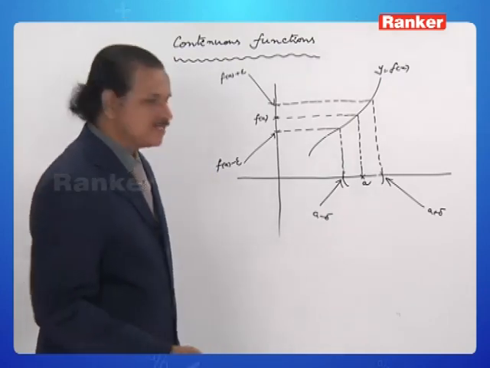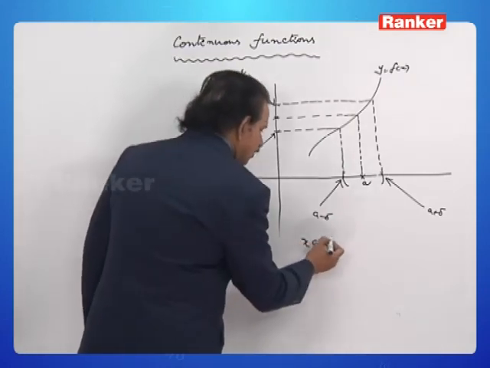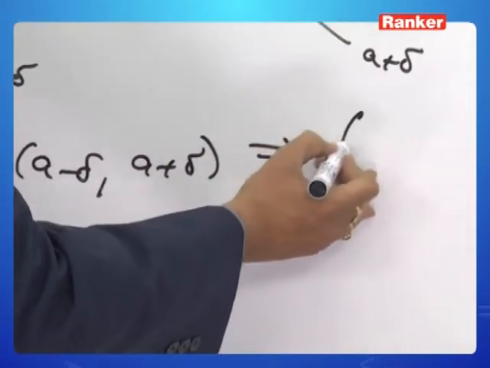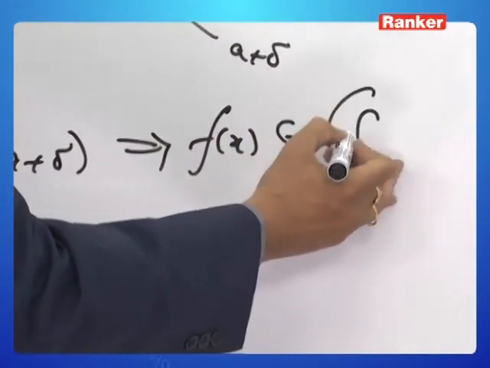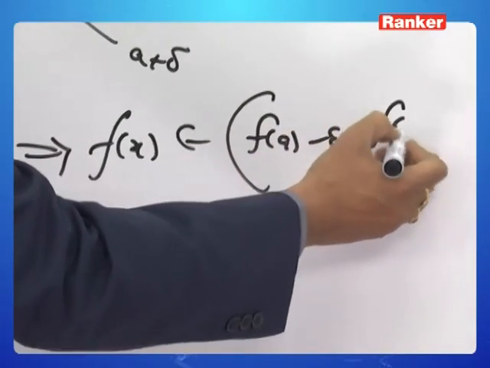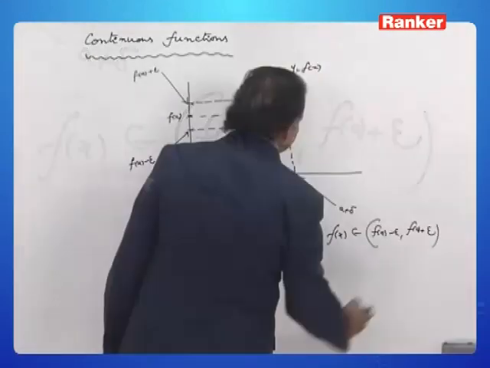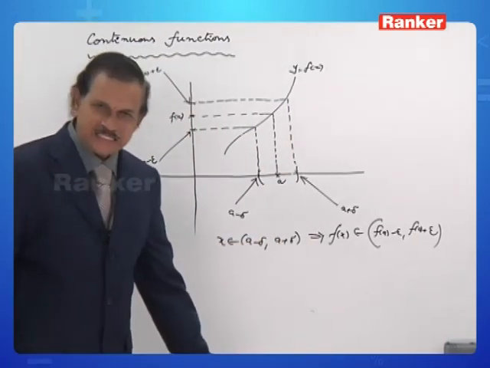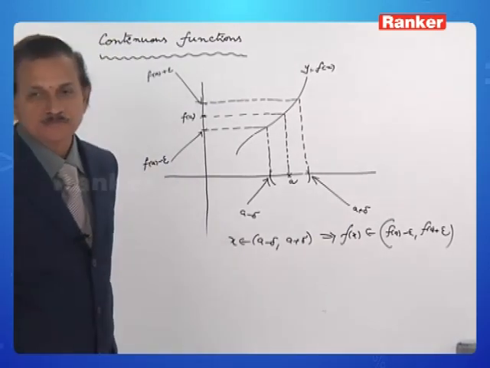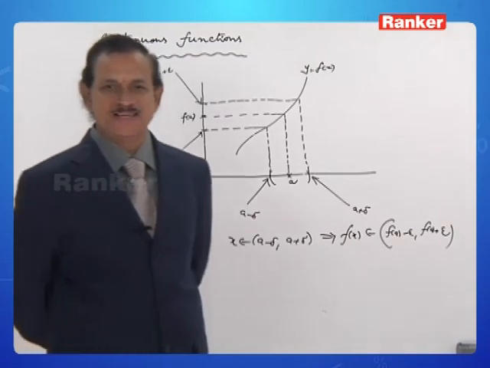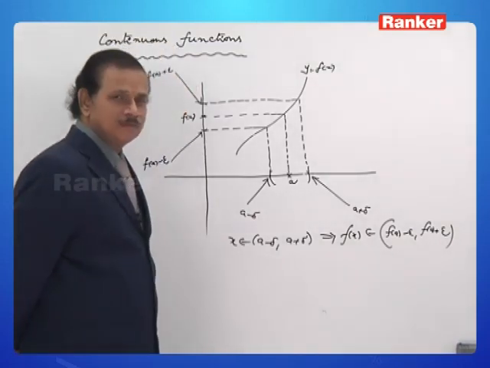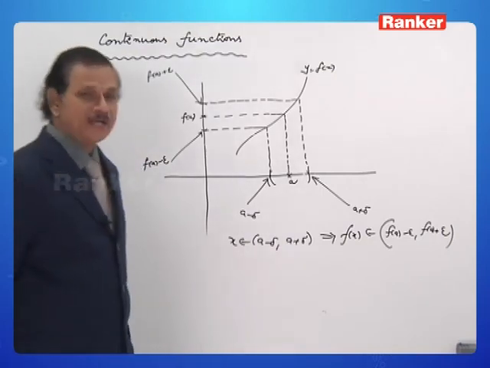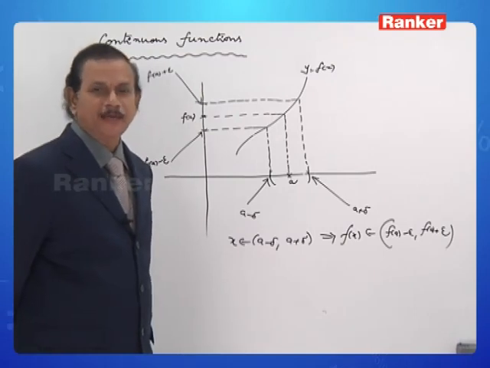Anyone can say very easily that x belongs to the open interval A minus delta to A plus delta implies f of x belongs to f of A minus epsilon to f of A plus epsilon. This is the direct, simple, very clear meaning of the definition. It can be viewed directly from the graph itself. If such a thing happens, then we say that f is continuous at x equal to A.